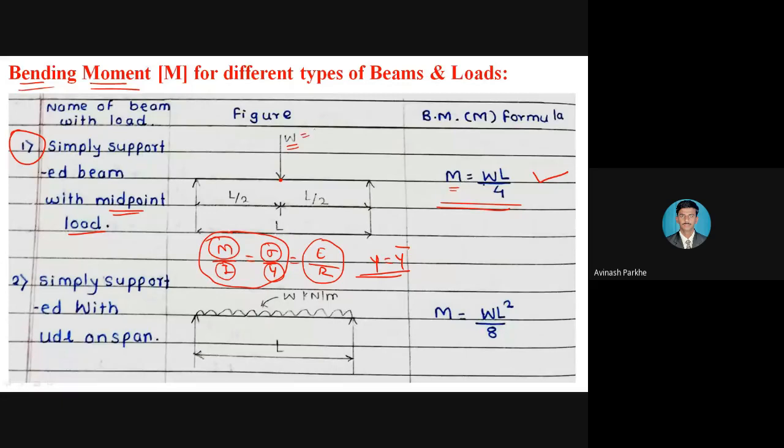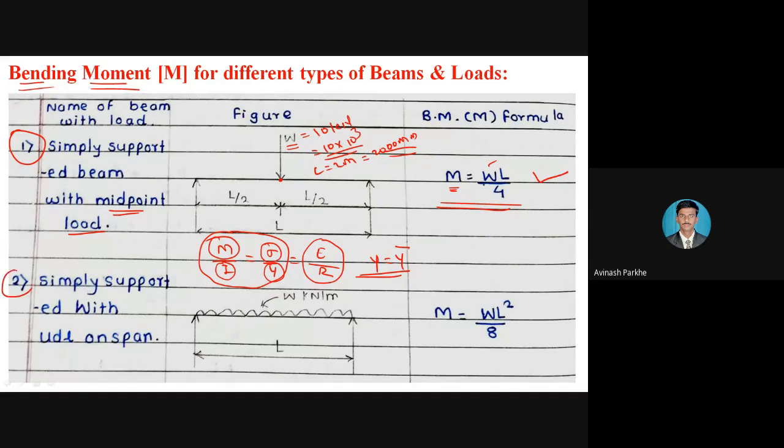For example, if the point load is given as 10 kilonewton, it is converted into Newton, that is 10 into 10 raised to 3, put as W. If the length is given as 2 meter, converted into mm, that is 2000. Then W into L divided by 4. This formula is applicable for the simply supported beam subjected to the point load at the center.